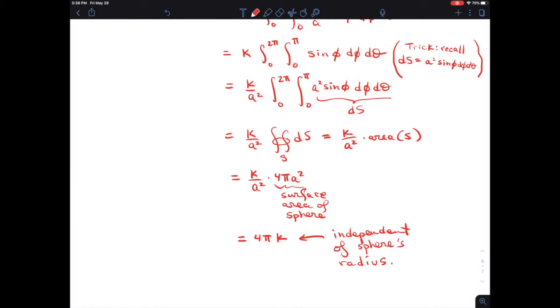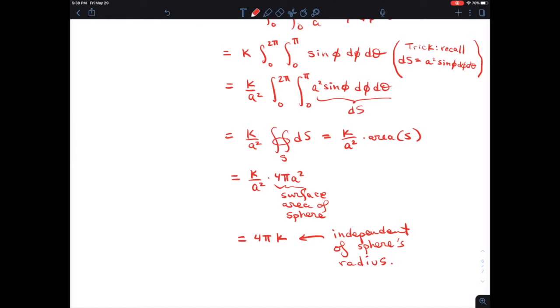It's sort of interesting because, if you think about it, we think about flux as sort of fluid flow across some surface or through a surface. And so we've got some source of fluid on the inside of the sphere, spherical shell, that's flowing out across the shell.